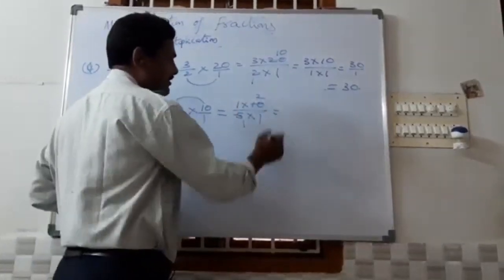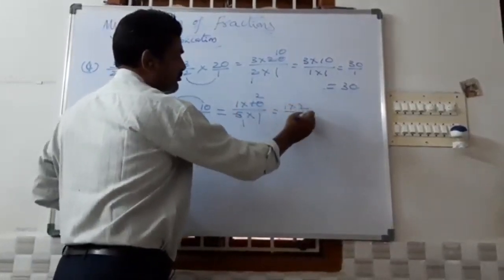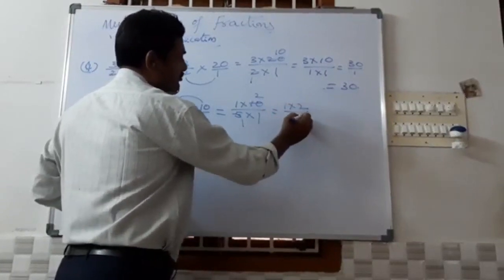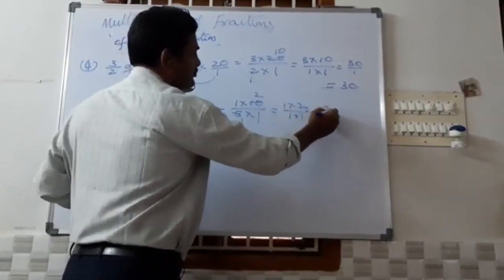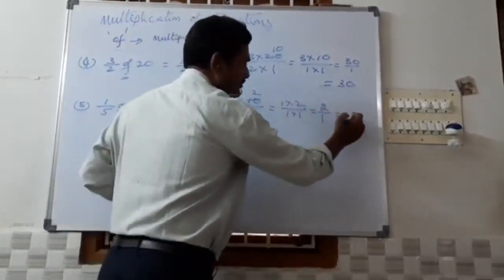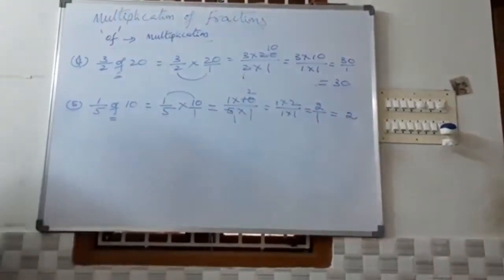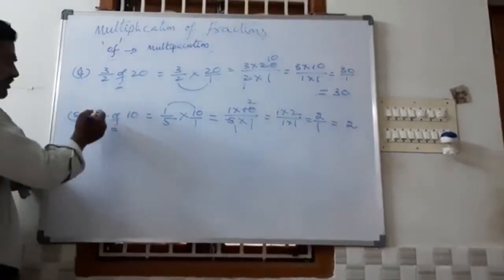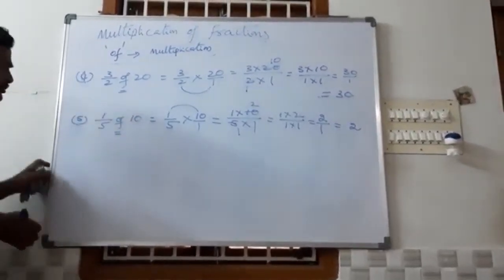What are the remaining numbers? 1 into 2 by 1 into 1. That equals 1 two is 2 by 1 one is 1. 2 by 1 is nothing but 2. So 1 by 5 of 10 equals 2.